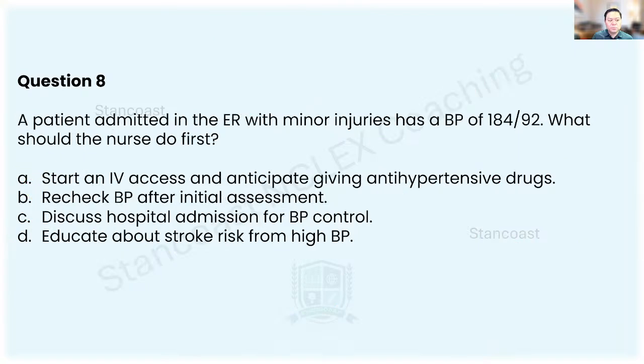Now let's move on to the next question, number 8. A patient admitted in the ER with minor injuries has a blood pressure of 184/94. What should the nurse do first?